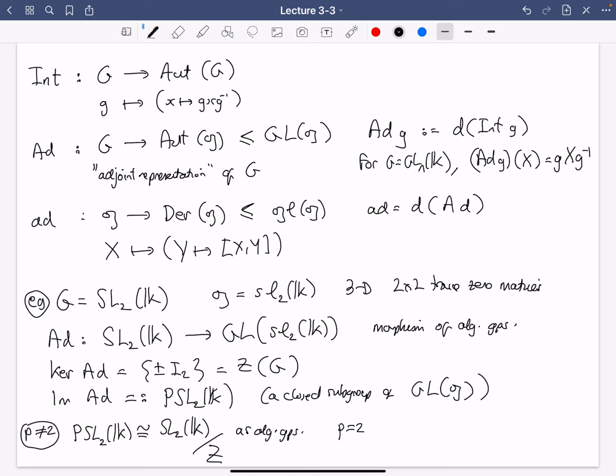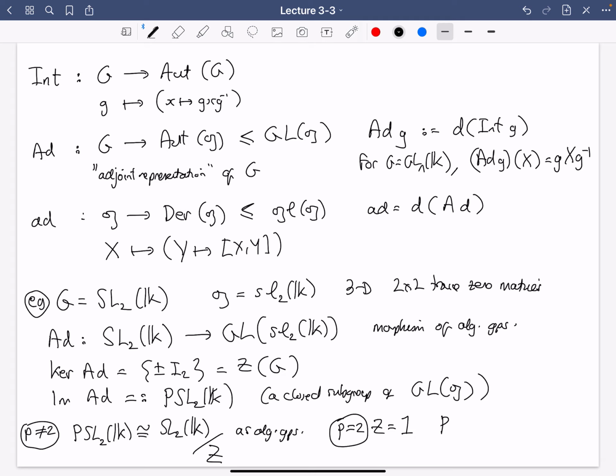But when P equals 2, something weird was going on here, right? You already see something strange going on, because in that case the center of the group SL2 of K is just trivial. So when characteristic is 2, the center is just trivial. That's a sign that something weird is going on.